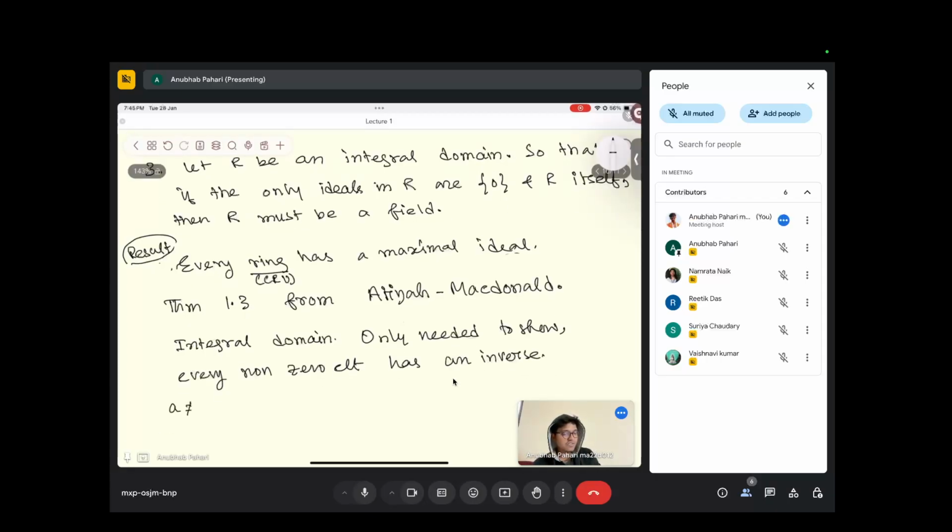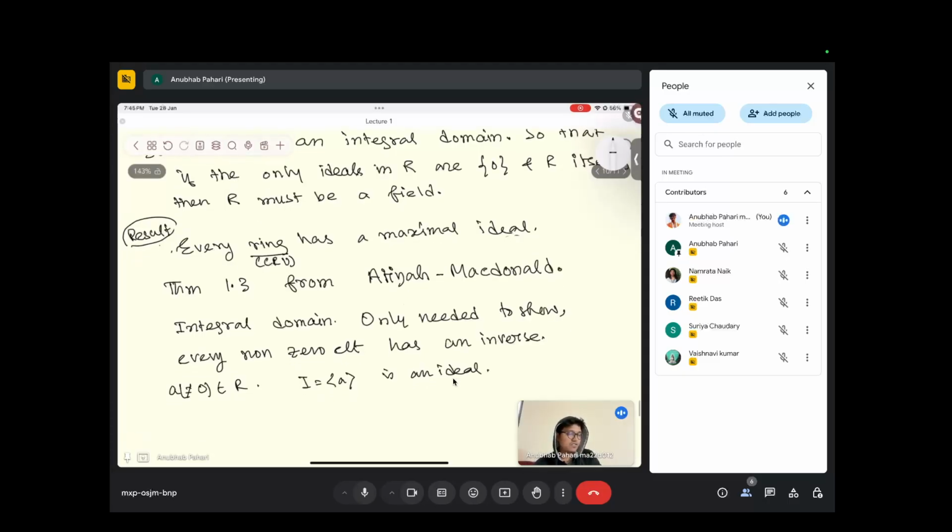If you take a not equal to 0 from R, then I of A is an ideal, but only two ideals are possible, and it is an integral domain, so it is non-zero, so I equals R by assumption.